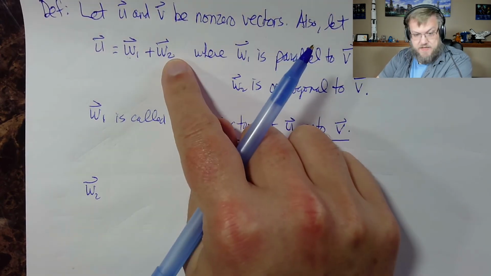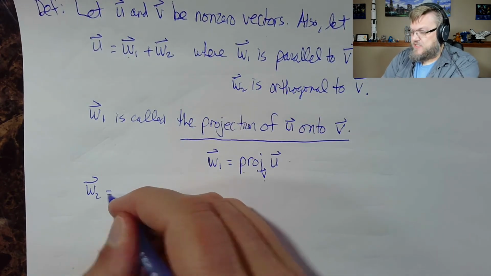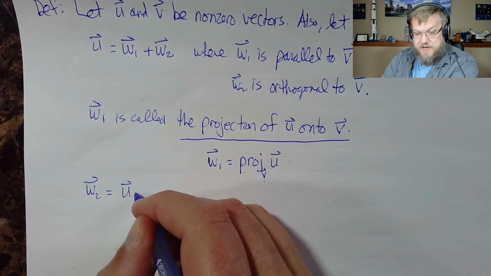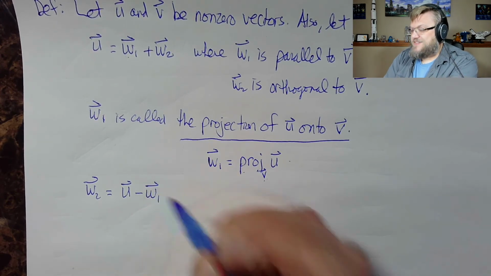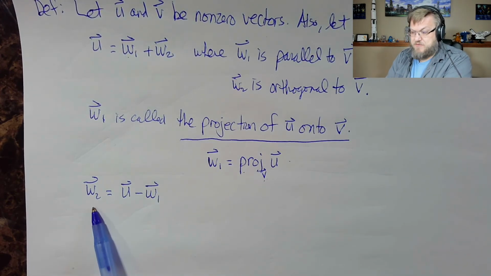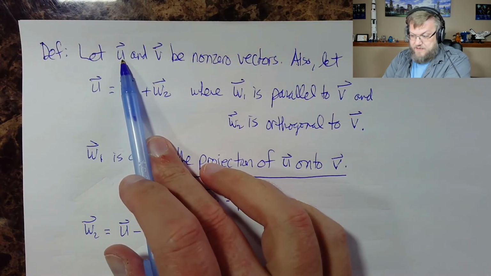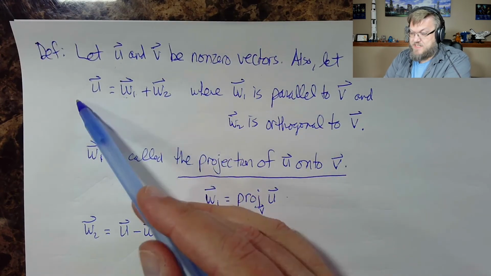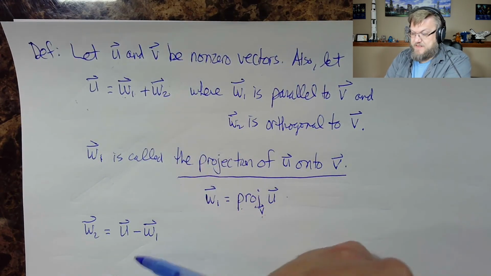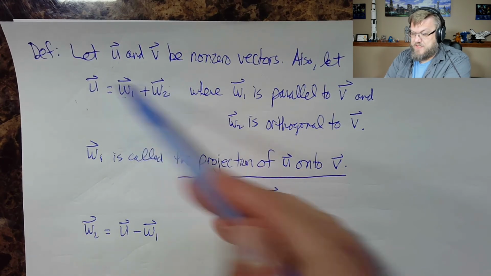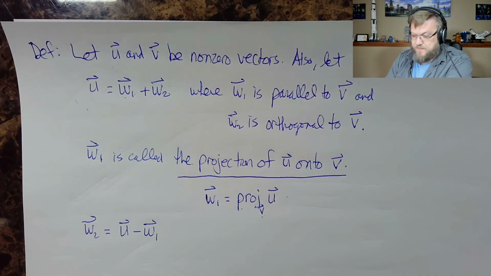W2 also has a name. It's not used very much, not in this book anyway, but trivially, w2 is equal to the u that you were given, with w1 subtracted off. Literally, that's just a subtraction, a solving of this for w2.